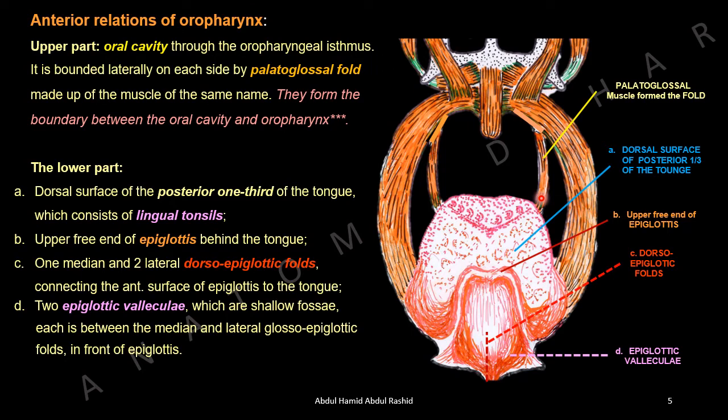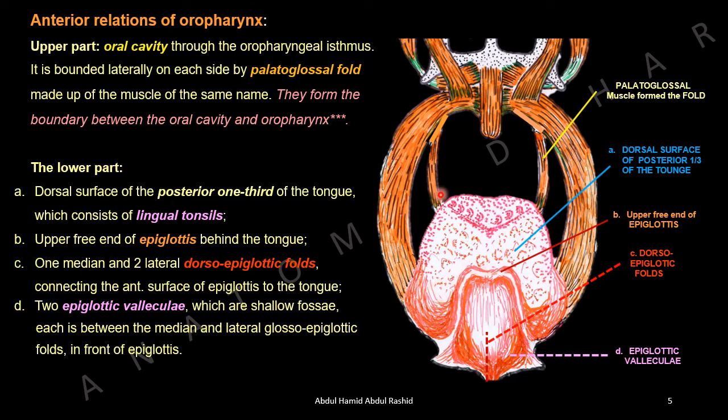It is bounded laterally on each side by the palatoglossal fold, made up of the muscle of the same name. So they form the boundary between the oral cavity and oropharynx. That means the boundary between the oral cavity and oropharynx is the anterior arch here, the pillar here, that is the palatoglossal folds.